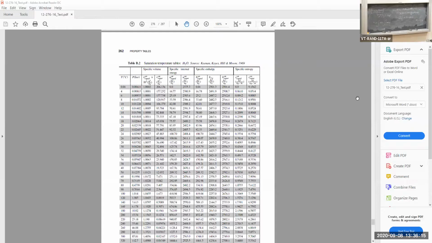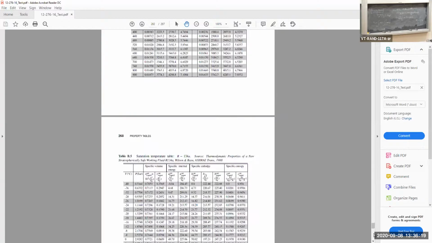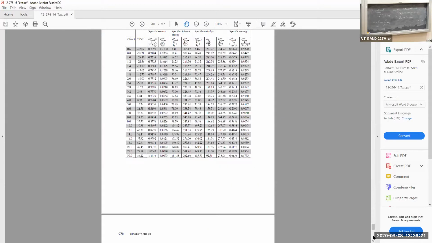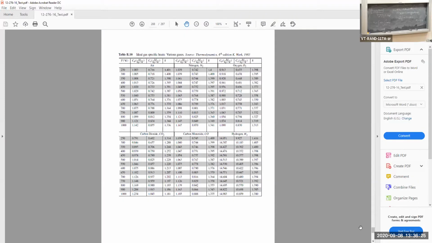So let's go look at specific heats for air. Superheated vapor table, specific heat, air. So we go from 300 to 500 degrees Kelvin. If I evaluate Cv at 400 degrees, which is the average temperature, notice it's not really changing a lot between 300 and 500.